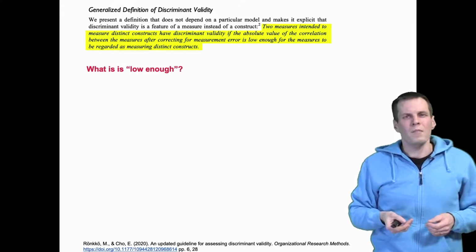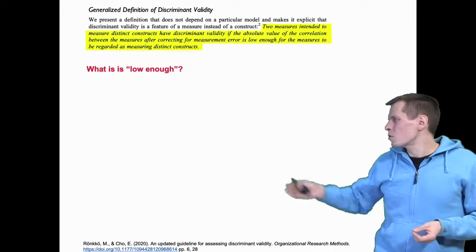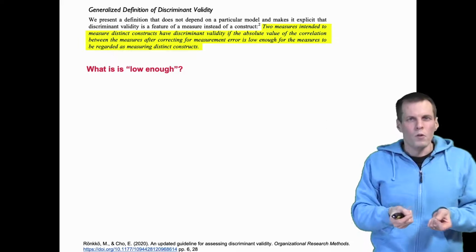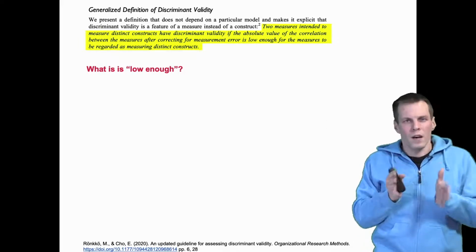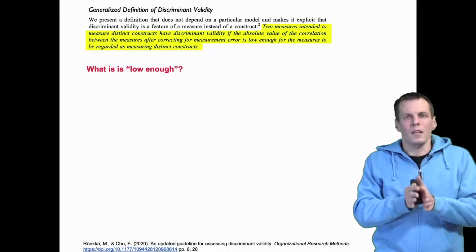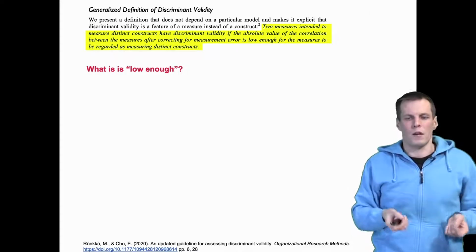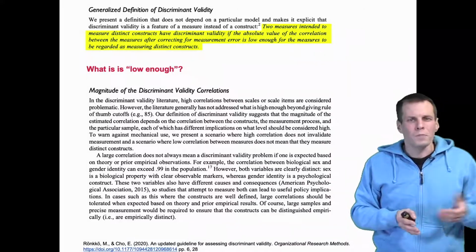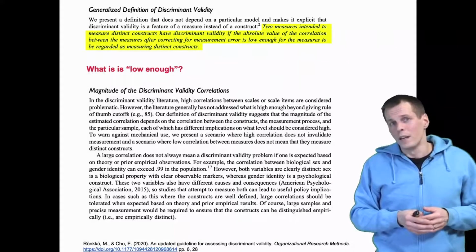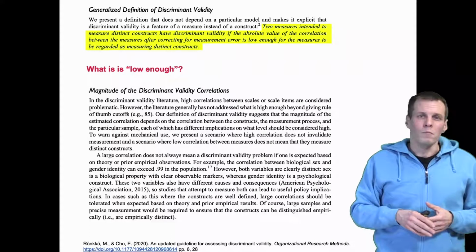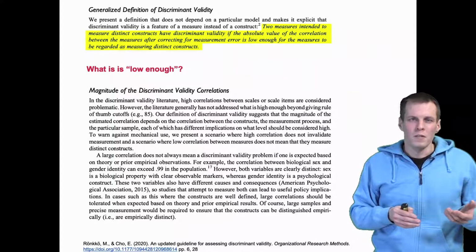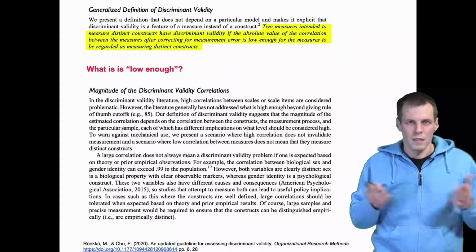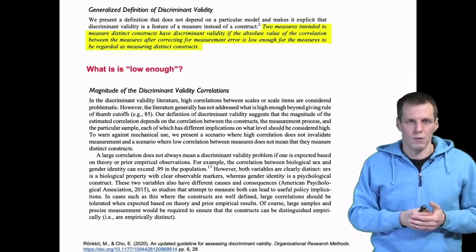So that's a very imprecise definition, an imprecise term, and it's imprecise for a good reason. We don't think that there can be one cutoff that is the right thing for every possible scenario. So let's take a look at different magnitudes of when a high correlation could be perfectly acceptable, when a low correlation could still mean that there is no discriminant validity, at least in the sense that the two scales measure two different things.